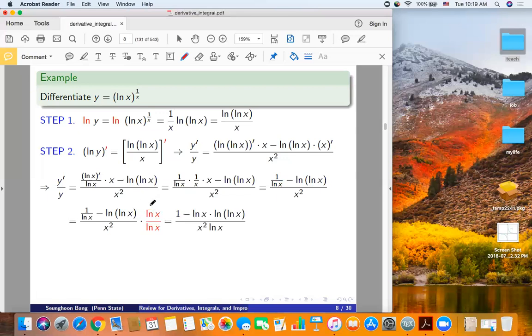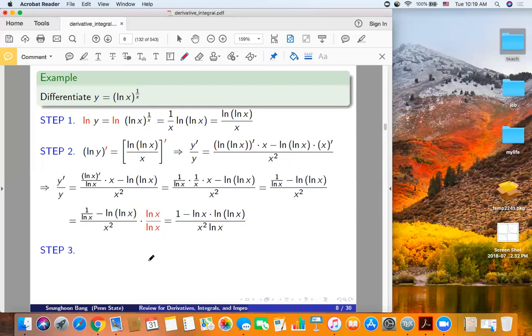Next, distribute ln of x. The first one, ln of x, is crossed out, so we have it. The second one, ln of x times ln of x is here. So ln of x times x squared is x squared ln of x.